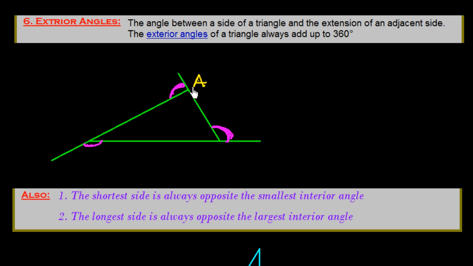This is our A vertex, this is our B vertex, this is our C vertex. So the angles A, B and C we have to find out.